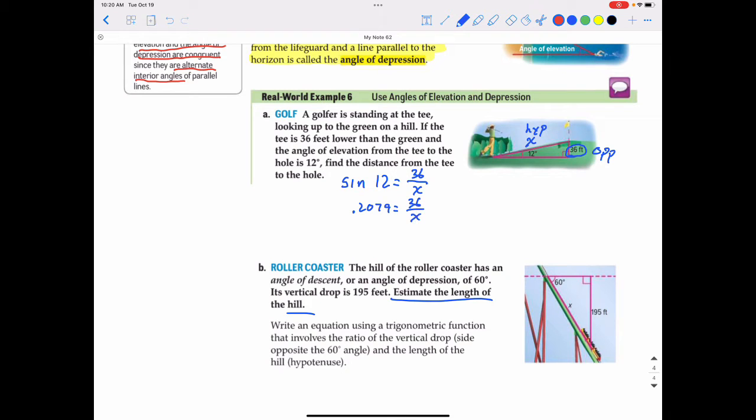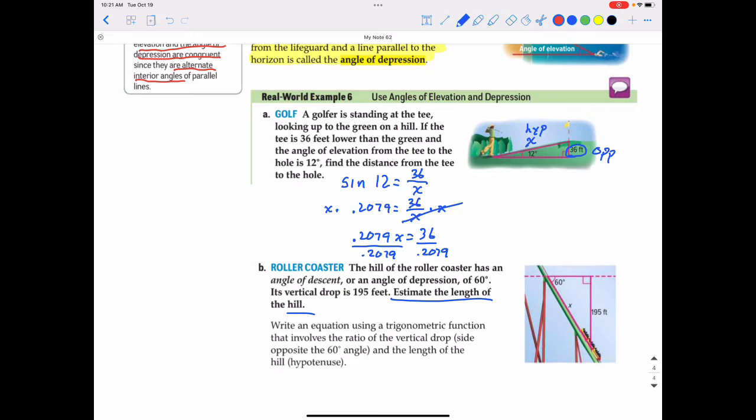To solve that for X, I'm going to have to multiply both sides by X first, because that'll eliminate the fraction. So that will give me 0.2079X equals 36. And then I would divide by 0.2079, which is what I got when I took the sine of 12. So if you want to be really accurate, you could just take 36 in your calculator and then divide it by the sine of 12 degrees.